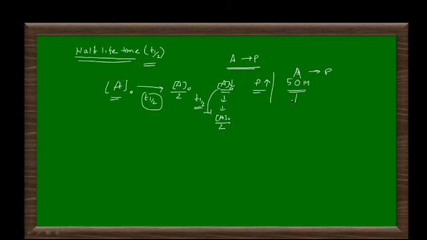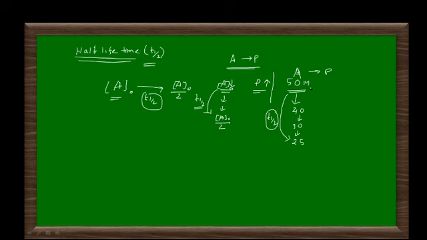Then after some time it will reduce to suppose 40, then it will reduce to 30, then at one particular time it will reduce to 25. Now 25 is the half of 50. That is the time required for the reactant to reduce its concentration from 50 to 25, which will be known as t half.